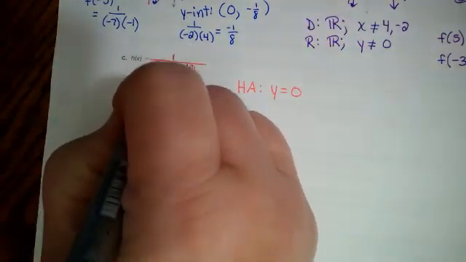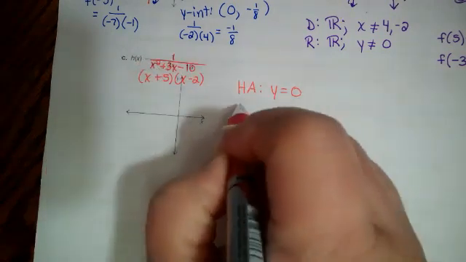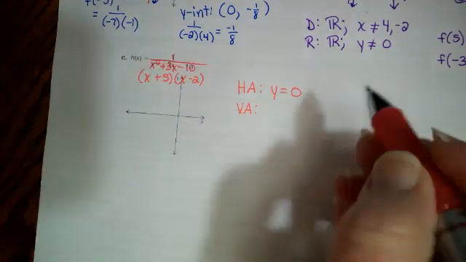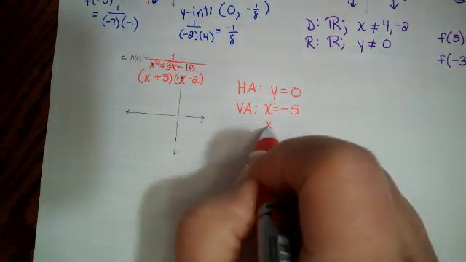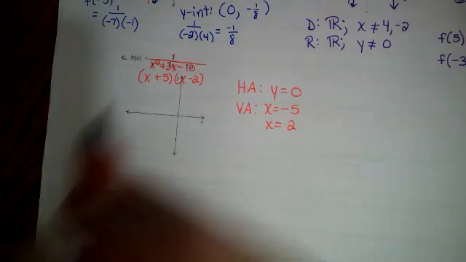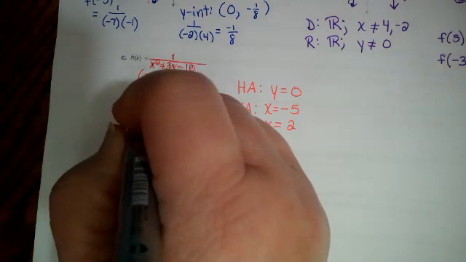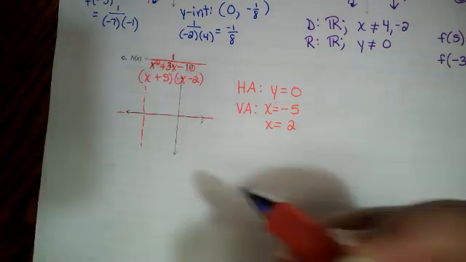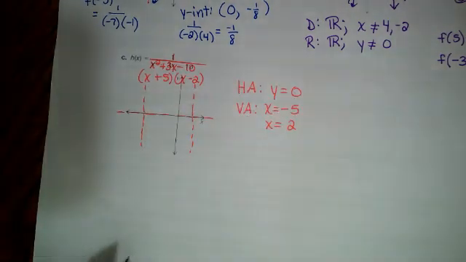This becomes x plus 5, x minus 2. And that's going to give me my vertical asymptotes of x equals negative 5 and x equals positive 2. Whatever makes the denominator equal 0 after you factor it. So here's my horizontal. X equals negative 5 is out here. x equals 2 is over here.